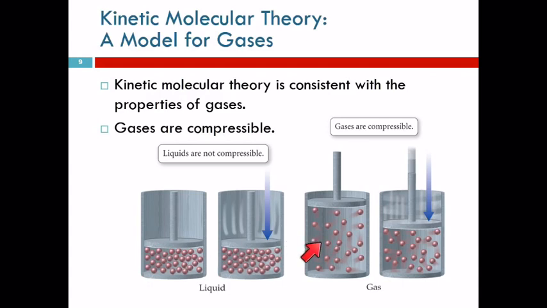Kinetic molecular theory says there's a lot of empty space between the gas particles. So if I press down on this piston, I can squish them closer together, because I'm just squeezing out some of the empty space. You can't do that with liquids and solids, but gases you can, and this explains why.